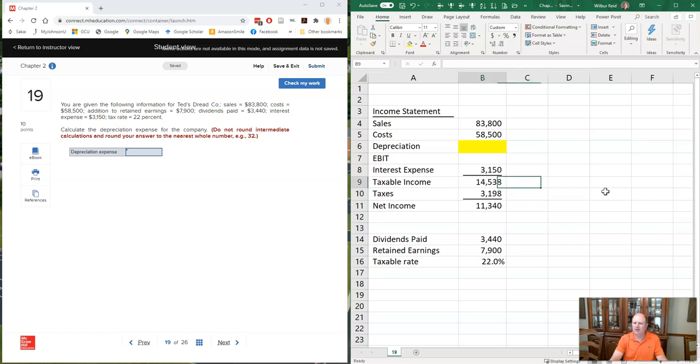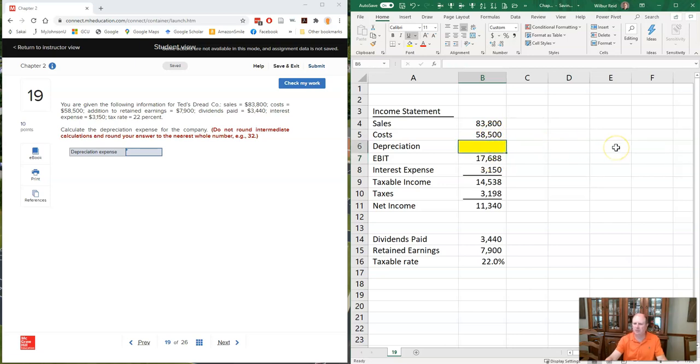Now that I've got the net income, I can get the earnings before interest and taxes real easily by just adding my interest expense to the net income. My net income plus the taxes I paid is going to equal the earnings before interest and taxes. So 17,688 is going to be my EBIT. And we know that sales minus the cost minus the depreciation is equal to EBIT.